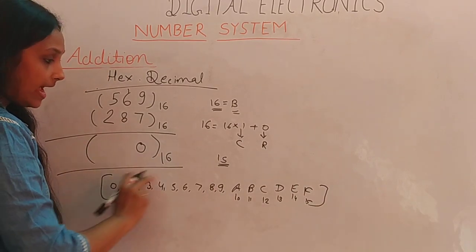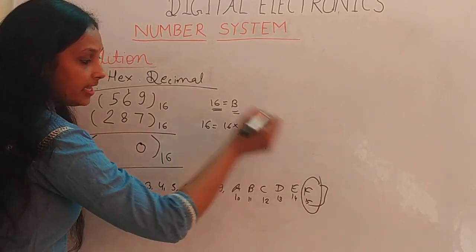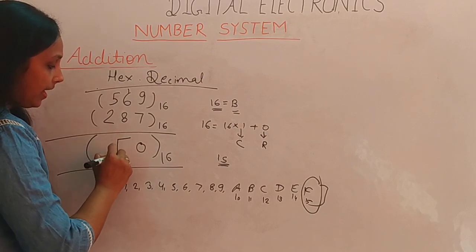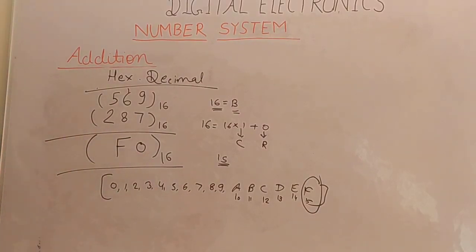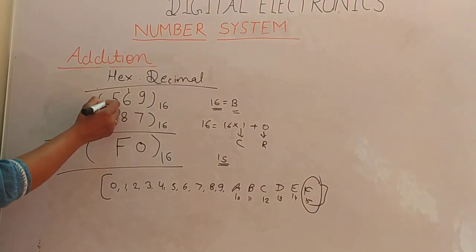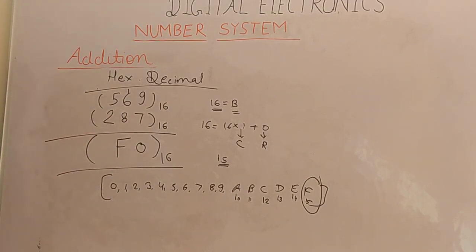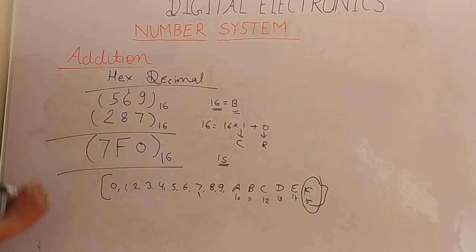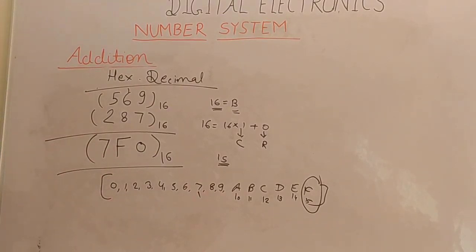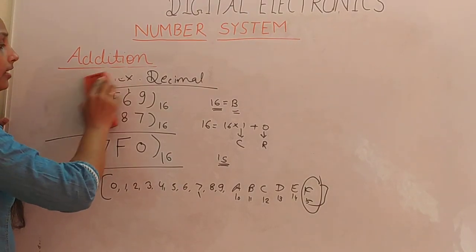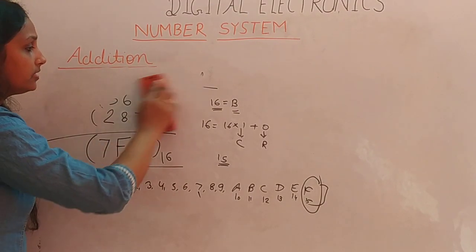So 15 means F in hexadecimal, so we write here F. Then 5 plus 2 is 7. 7 is directly present in hexadecimal, so we write 7 as it is. So 7F0 is the result we get after addition in hexadecimal.